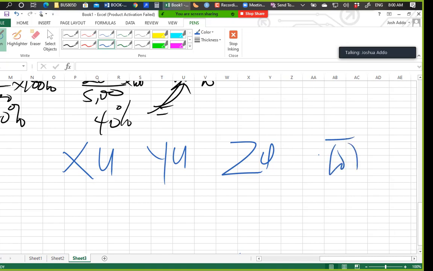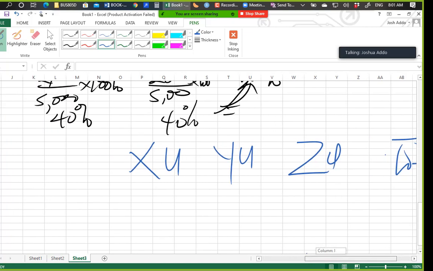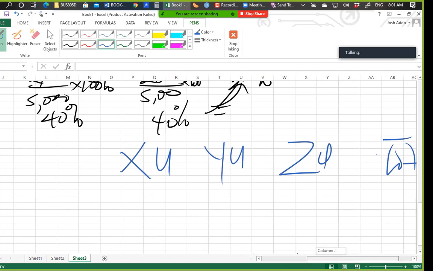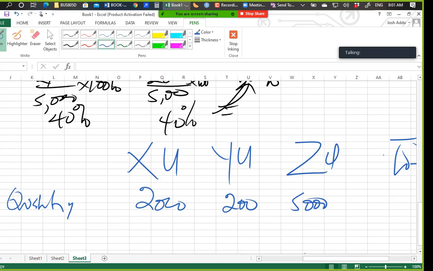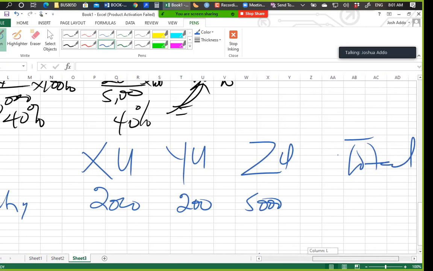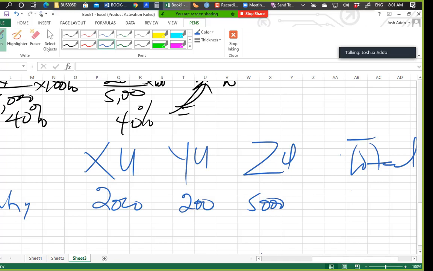The quantity of sales between them is 2,000, 2,000, 5,000. This is how much each of them did in terms of sales, and then the total is 9,000.